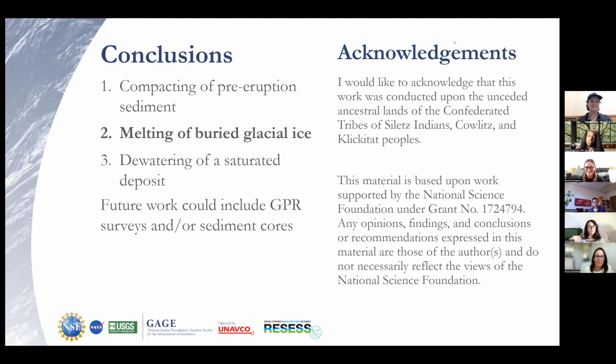I'm not sure. I guess a follow-up is, do you happen to know how much the topography prior to the deposition changes? Because the deposit thickness may vary due to that. Yeah, so there are a couple of DEMs from before the eruption, but they're very, very coarse resolution.